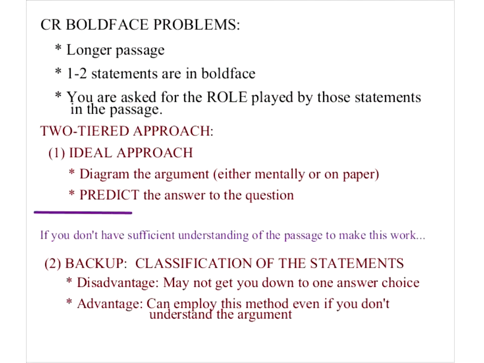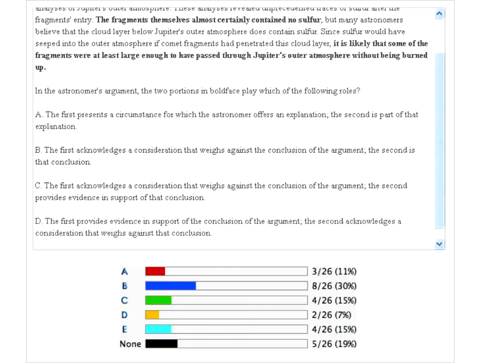Back to this screen that's right here. Cheryl, yeah, when you look at boldfaces, you definitely have to look at just the fragment of the sentence that is boldfaced. A lot of the time, if you've got a sentence with multiple parts, they're going to work against each other.